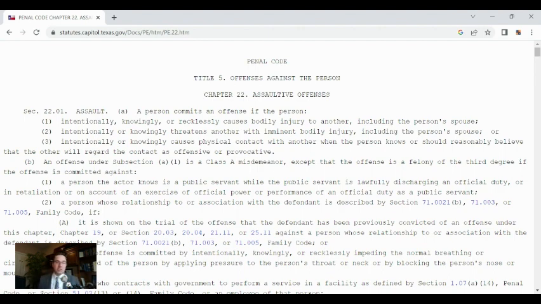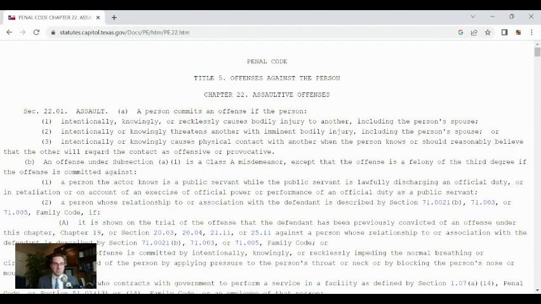There's also intentionally or knowingly threatens another with imminent bodily injury, including the person's spouse, or intentionally or knowingly causes physical contact with another when the person knows or should reasonably believe that the other will regard the contact as offensive or provocative. So we've got bodily injury, we've got threats, and we've got offensive contact. Okay.